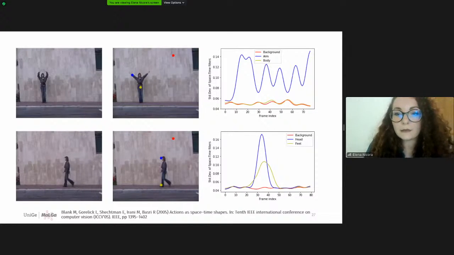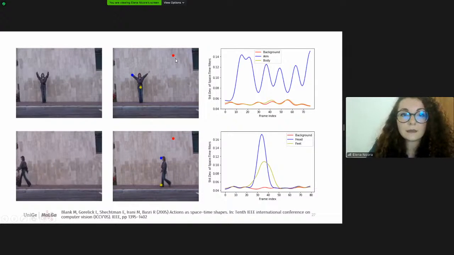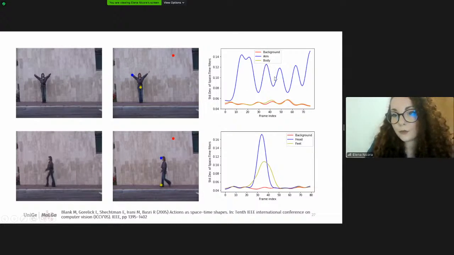Here we can see some examples. We selected 3 fundamental pixels, and we studied the standard deviation profile in time. We can see that in static points, like the body and the background, the standard deviation is more or less stable, while where the arms pass, we can see some kind of periodicity.